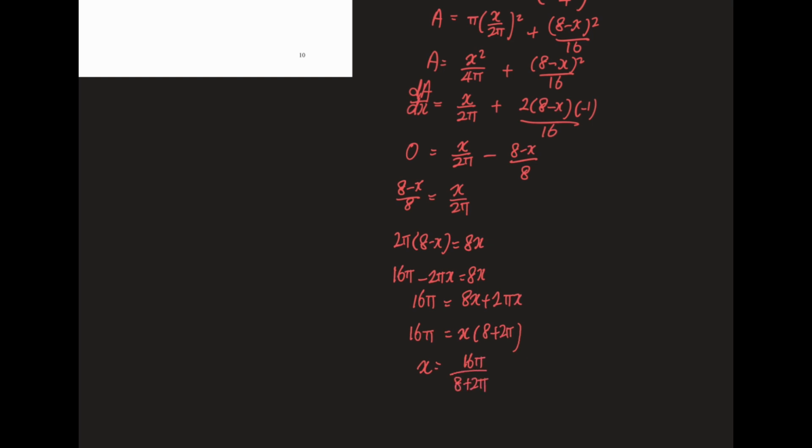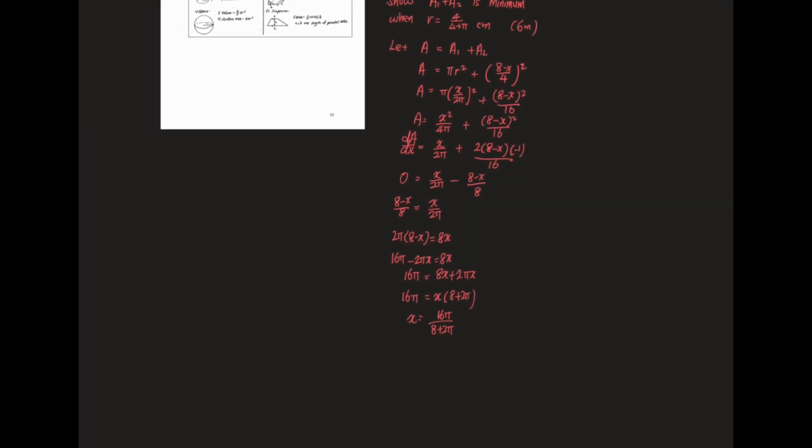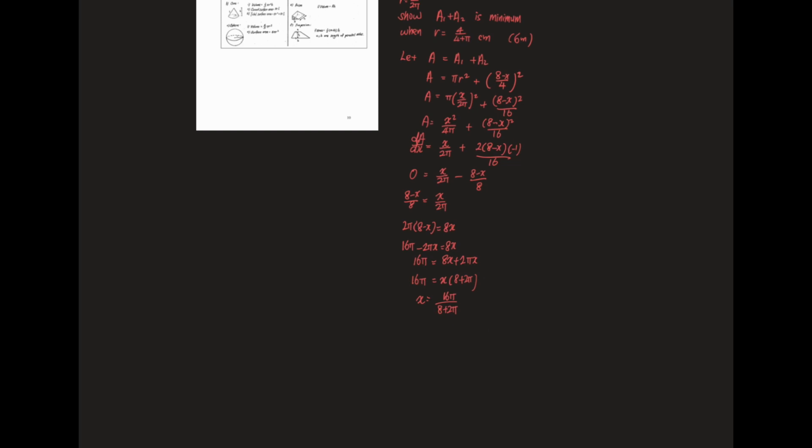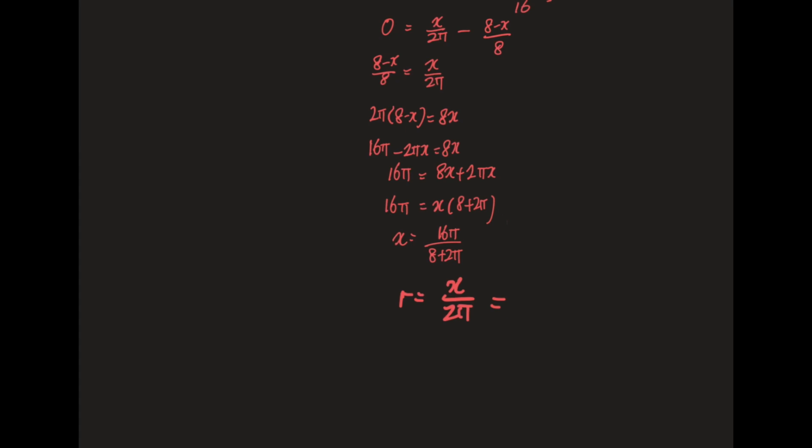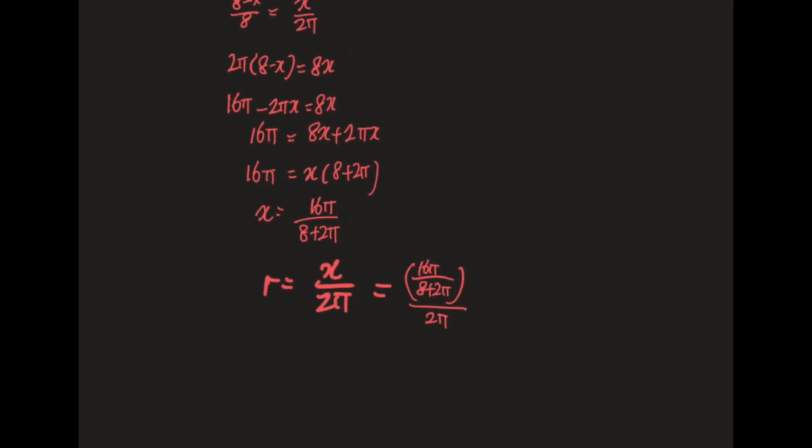Okay, so what we want to show is the radius. So we know that radius is x over 2 pi, and we substitute our results into the numerator, divide by 2 pi. So we need to simplify this.